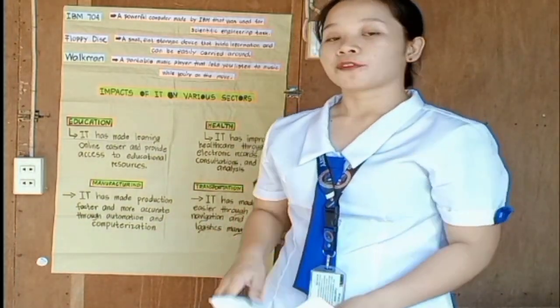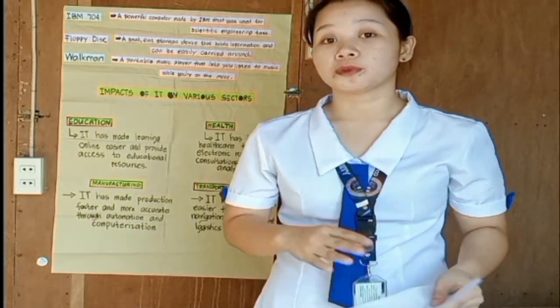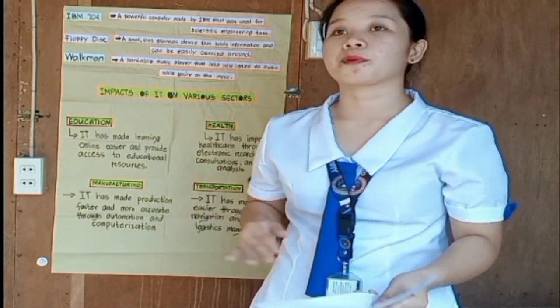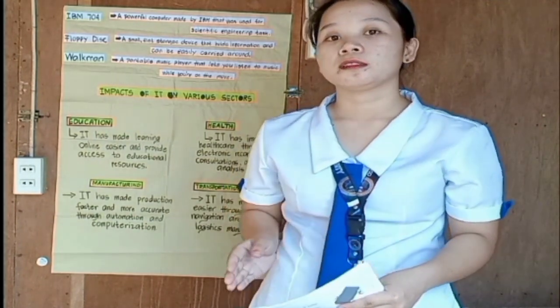From smartphones to computers, from the internet to social media, the electronic age has reshaped industries, economies, and societies worldwide. In essence, the electronic age has brought about unparalleled convenience, efficiency, and interconnectedness in our modern world.